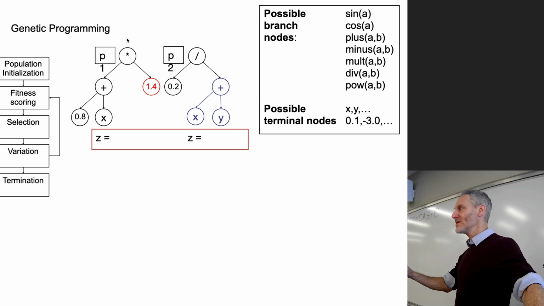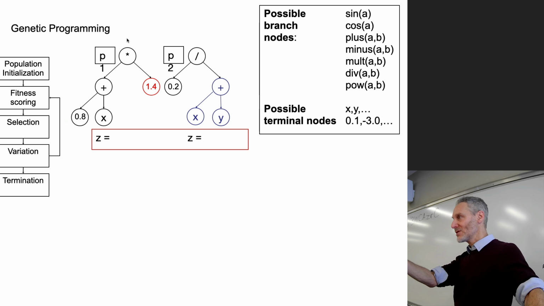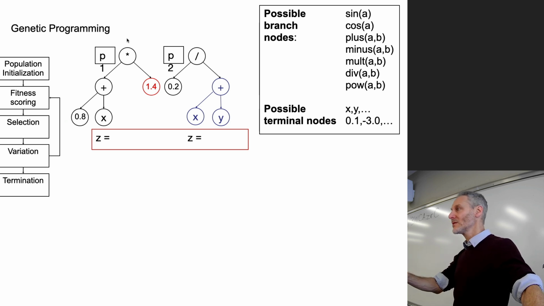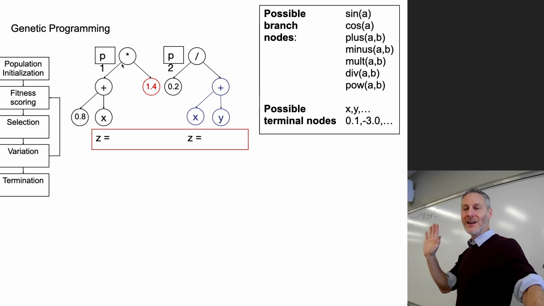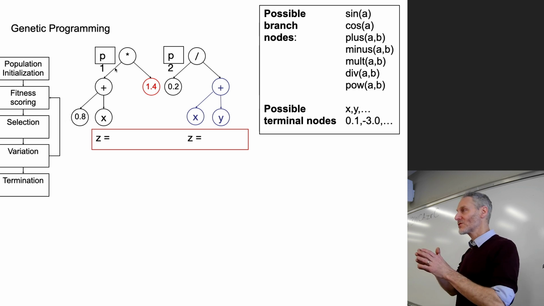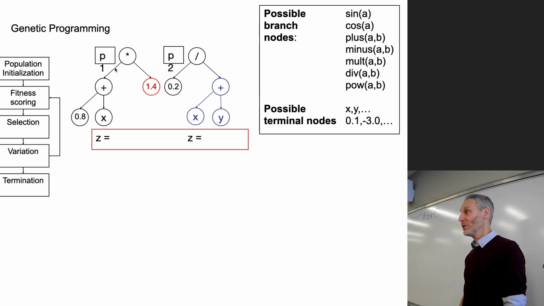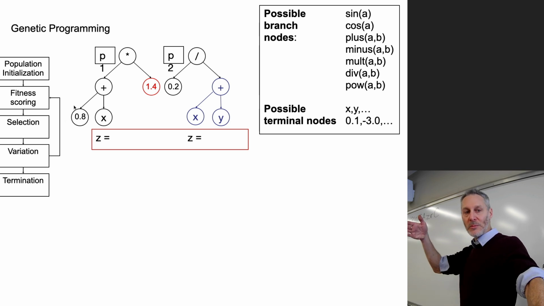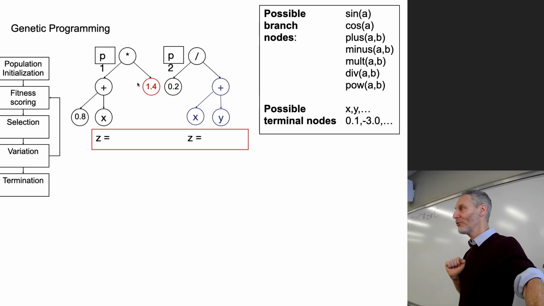For our purposes, the exact way that this is done is not too important. If you're not familiar with trees, you'll have to take it on faith that if you construct a tree by reaching into this bag at random, you can then walk across this tree and write down an algebraic equation, which is, as you said, open bracket 0.8 plus x, close bracket times 1.4.